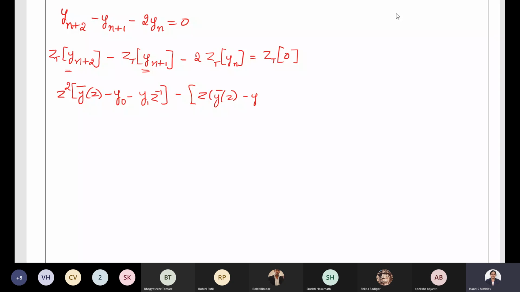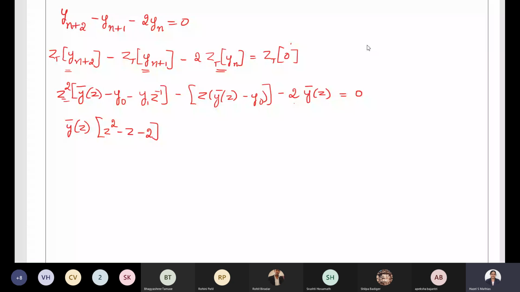Then minus 2 times the Z transform of y(n), equal to the Z transform of 0, which is 0. Next we take out y bar of Z. The coefficient of y bar is Z square, here Z, and here minus 2.